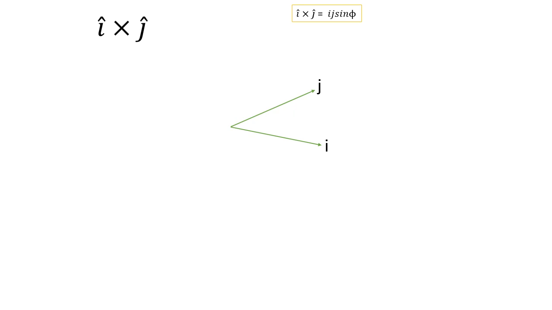The angle between I and J is 90 degrees, so sine 90 is 1. The magnitude of I is 1. The magnitude of J is 1. So in the end, the magnitude of I cross J is 1. But what is the result you get?